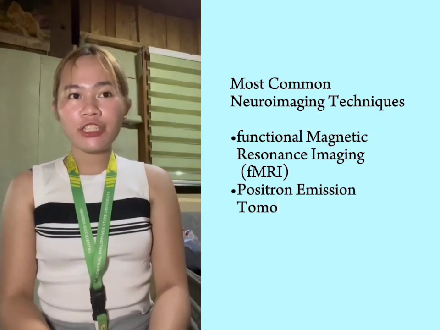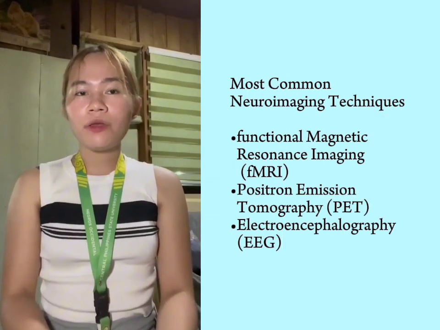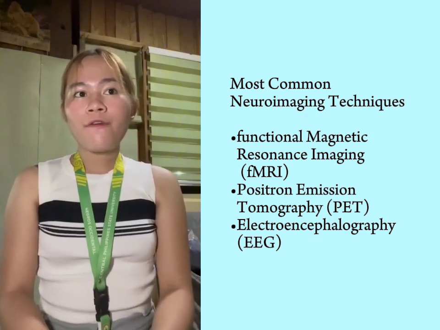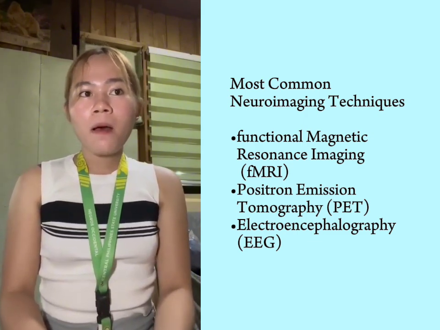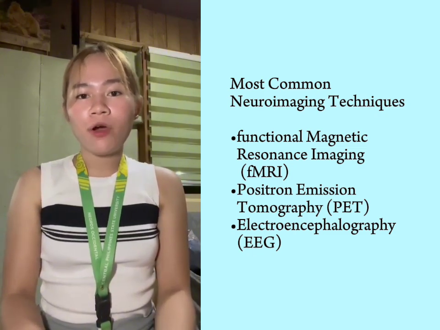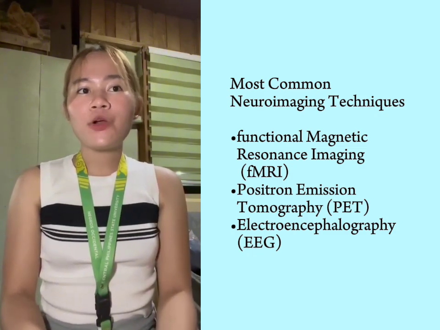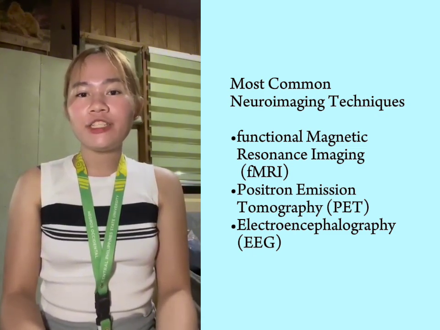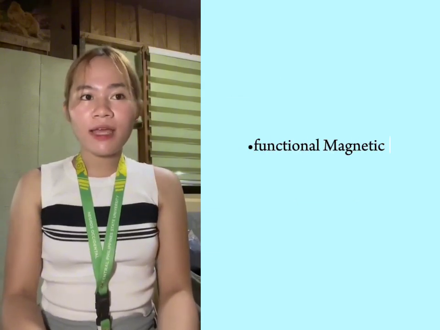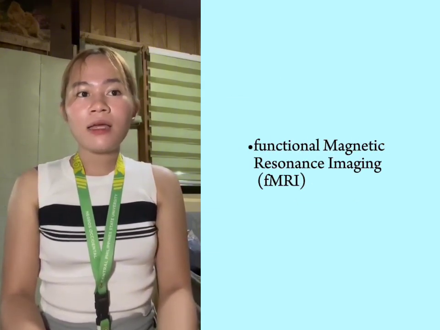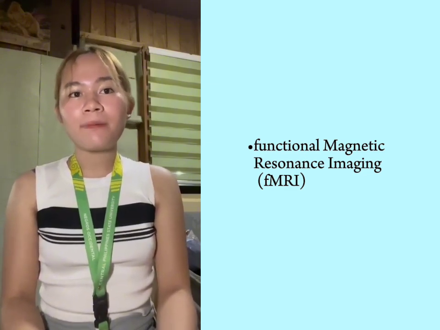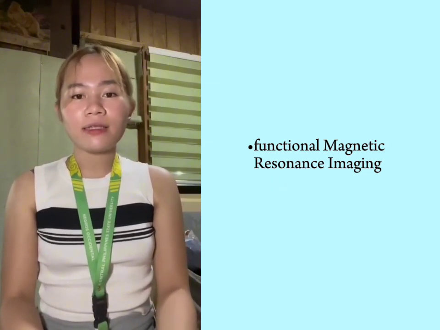There are three of the most common neuroimaging techniques: functional magnetic resonance imaging or fMRI, positron emission tomography or PET, and electroencephalography or EEG. Functional magnetic resonance imaging measures changes in blood flow to different brain areas.